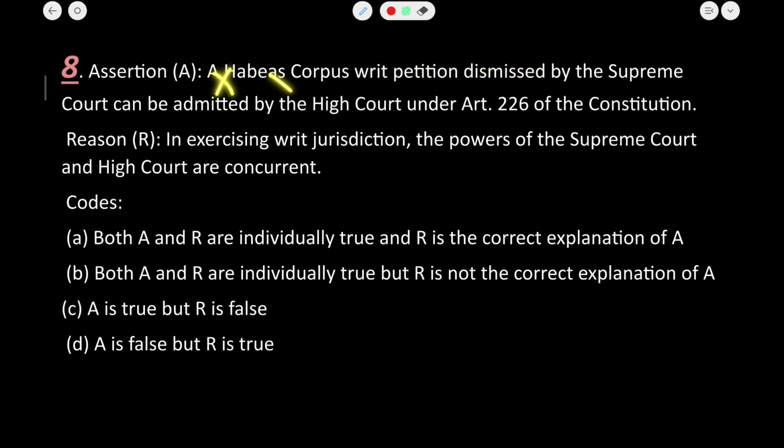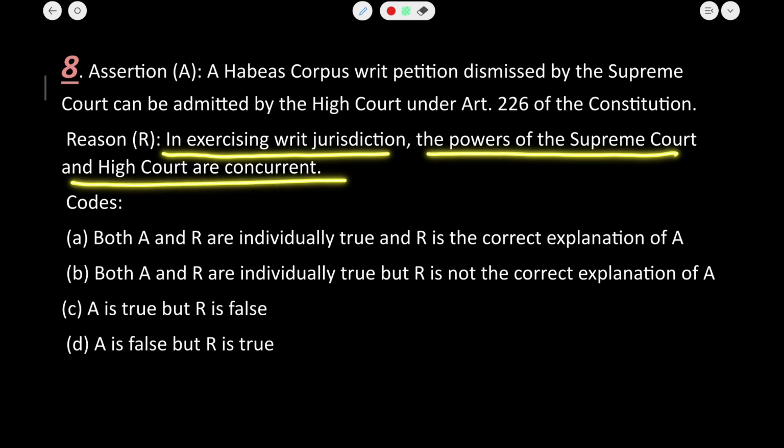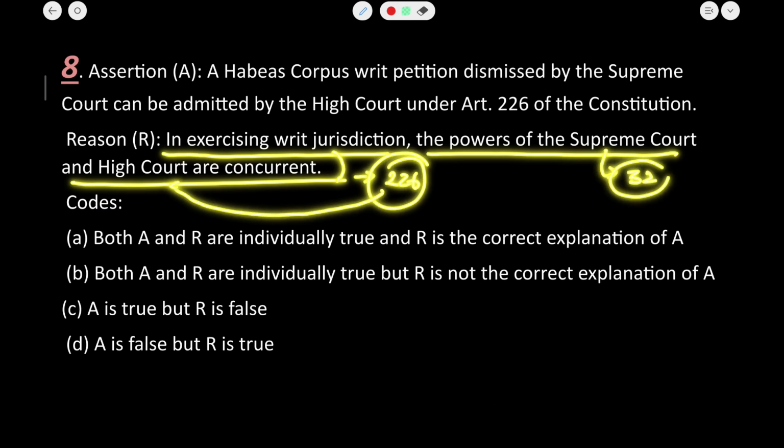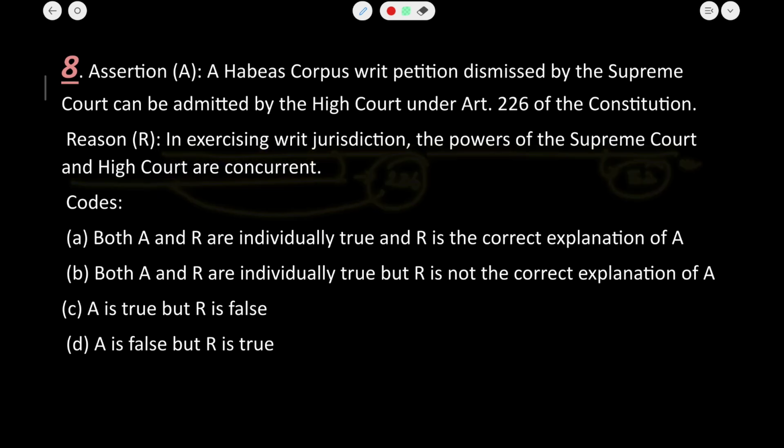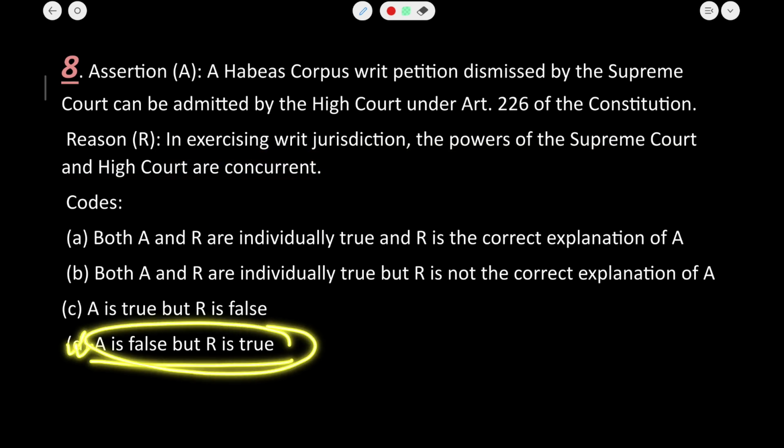So the assertion is absolutely incorrect. Let us now see the reason. In exercising writ jurisdiction, the powers of Supreme Court and High Court are concurrent. Yes, both can issue writs, the High Court under Article 226 and the Supreme Court under Article 32. So the assertion is false here, but the reason is true.